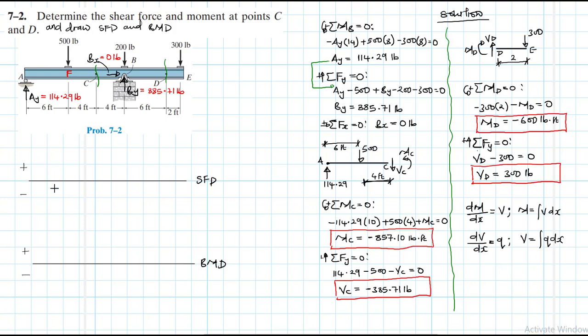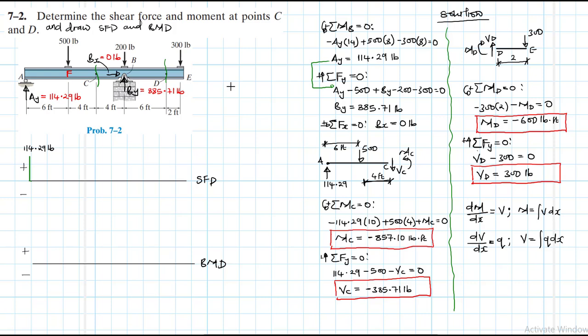So at A, we expect a positive shear, let's say up to somewhere there, like so. Let's say this value is 114.29 pounds.